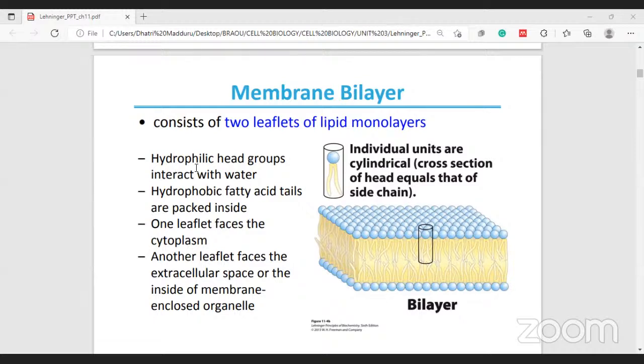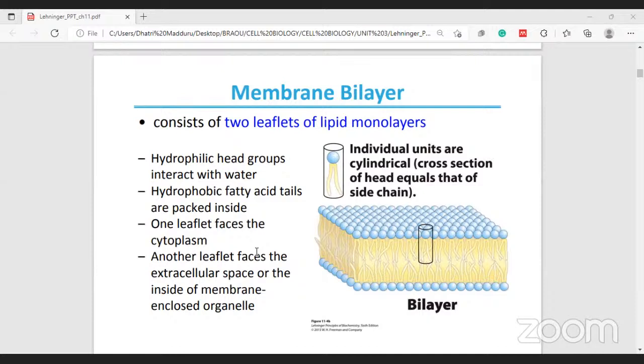Okay, so the hydrophilic head groups interact with water. If you see the cell, the outer portion of the cell is exposed to water, right? Because in our body, cells are surrounded by water.